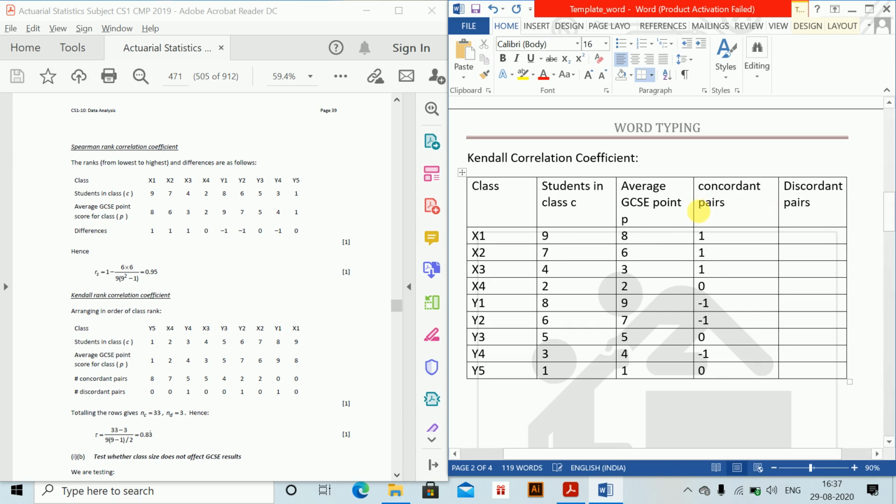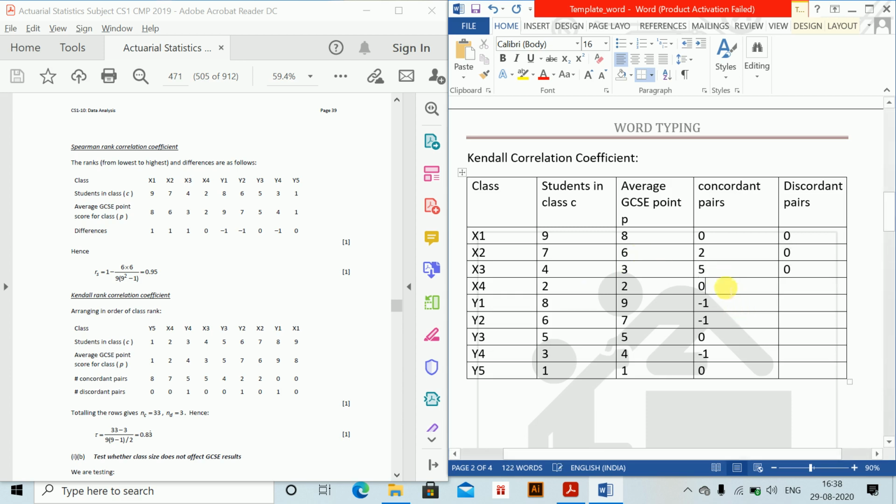So for x1 concordant is 0 and discordant pairs is also 0. For x2 you have 2 and 0. x3 we have 5 and 0.